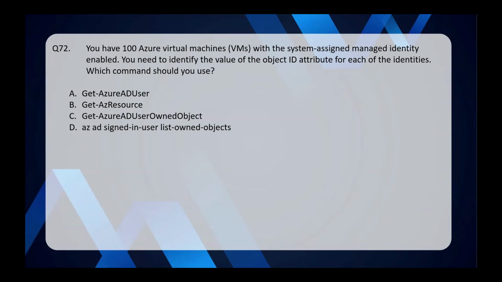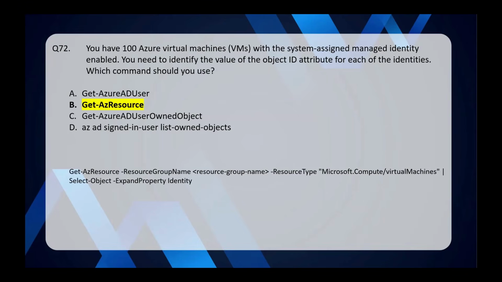Folks, you can use the Get-AzResource cmdlet, which can list all resources including VMs. When the VM has a managed identity enabled, the VM resource contains an identity property with the object ID of that system assigned identity. And the right command is now on your screen.